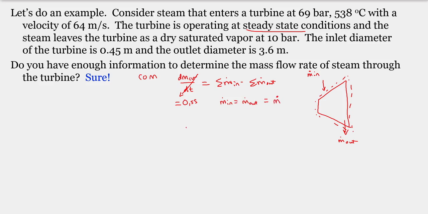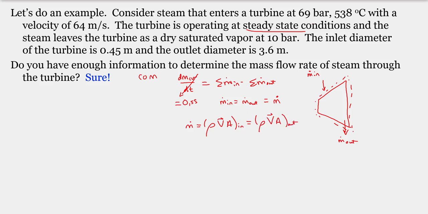And last time we showed you how, in the last segment, the mass flow rate is completely defined in terms of the density of the fluid at the inlet or exit state, the velocity at the inlet or exit state, and the area at the inlet or exit state. So as long as you have all of this information, either at the inlet or at the outlet, we can define the mass flow rate for the system.